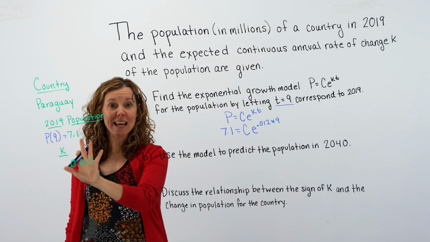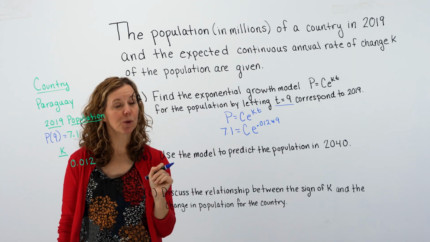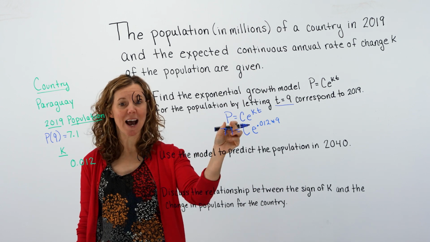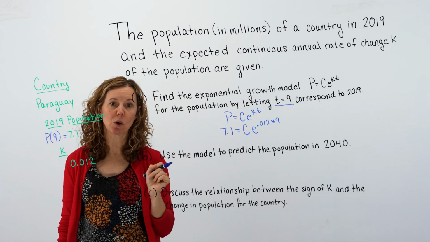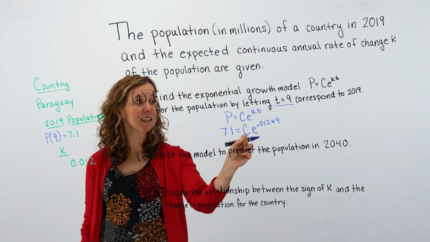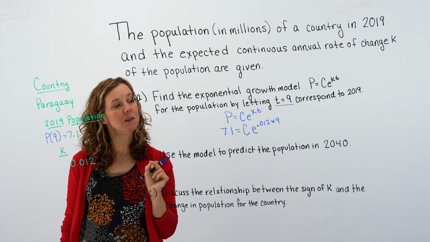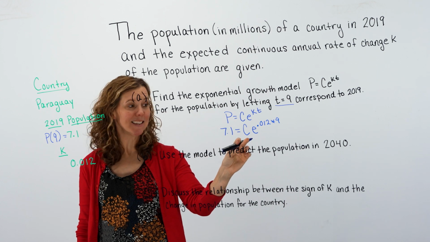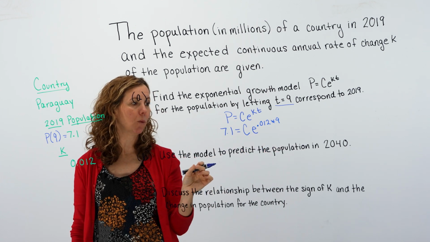So we've been able to plug the information we were given into our exponential growth model, and all we have left to do in order to have an equation that will model this growth is to solve this equation for C. C is currently multiplying by e raised to the 0.012 times 9 power. So if I want to isolate C, the initial value, I can divide both sides of my equation.